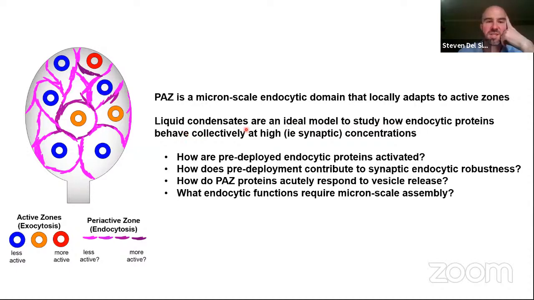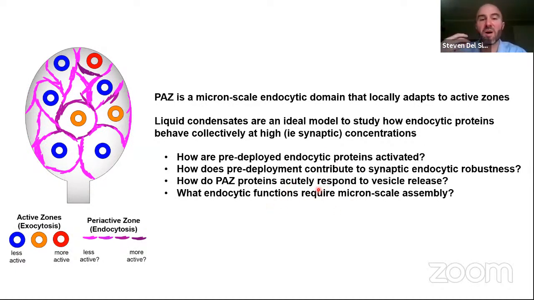And then the types of questions that we can ask are, how are the pre-deployed endocytic proteins activated? So if we know that they're all at the membrane hanging out, what are the molecular switches that are turning them on or driving them through these different phases of membrane remodeling? How does pre-deployment itself contribute to synaptic endocytosis, whether it's helping it be low latency, helping it be very scalable, high capacity, that sort of thing?